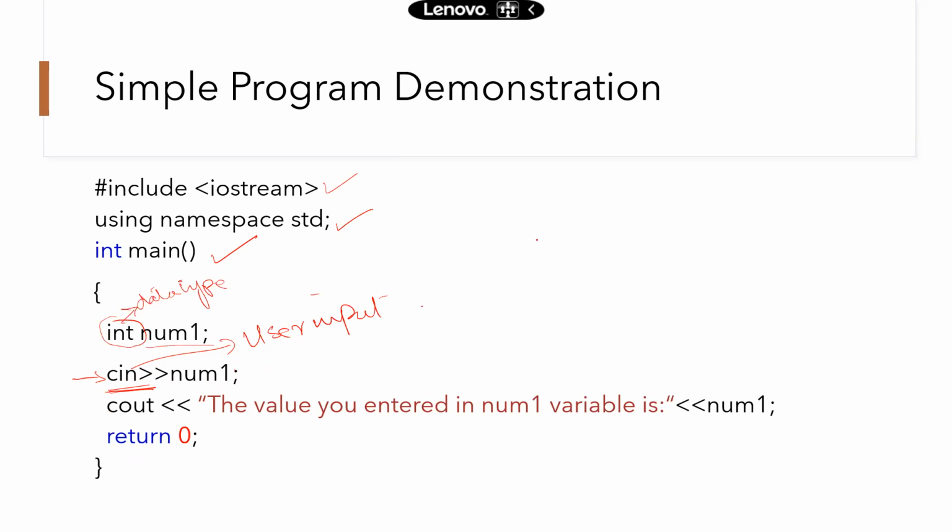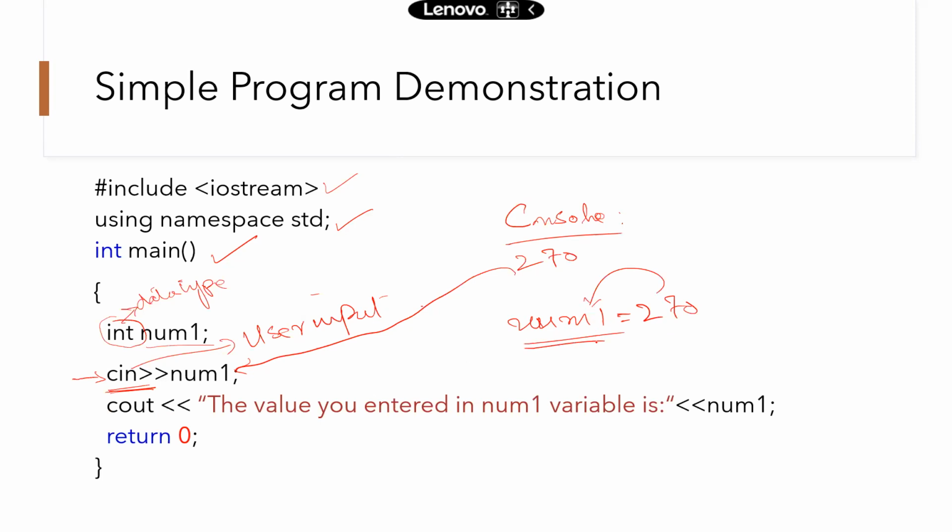If you have a console and there's an input, there'll be a cursor blinking over here so that you can give an input. So let's assume I enter 270. This 270 will be stored in num1. So now the value of num1, because I have entered 270, is going to be 270.